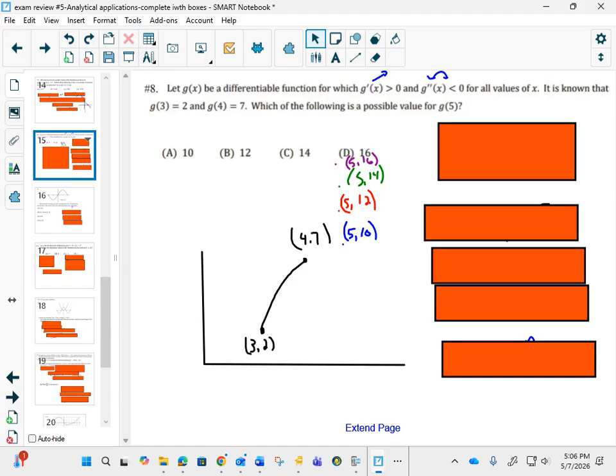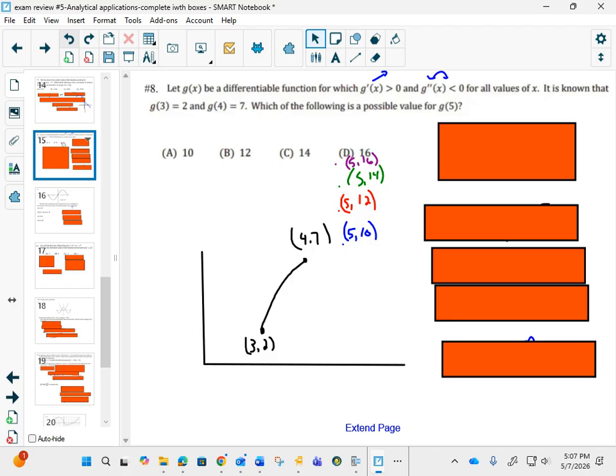Yes, they'll all be getting bigger. But taking those values, we still need to be concave down. I cannot, for example, if I try to connect to the red point, I turn to concave up. If I try to connect to the purple point, I turn to concave up. Now, that's just viewing it. How do we prove this exactly?